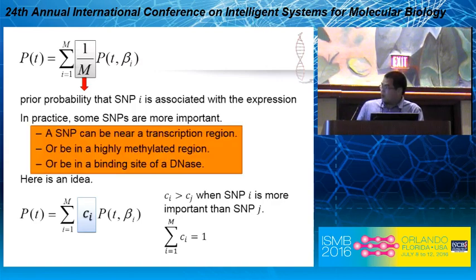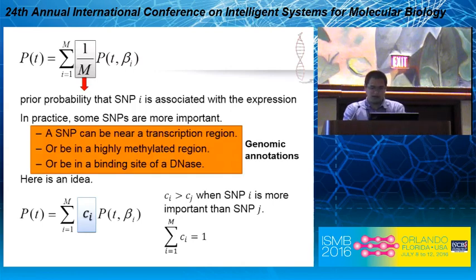This orange box here is what we consider to be genomic annotations. In this talk, this is what I consider to be genomic annotation, for example, nearness to transcription start sites or DNase sites. In practice, you can consider this to be anything you would like it to be.